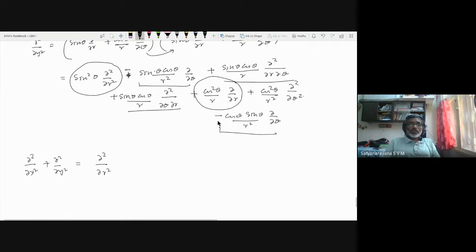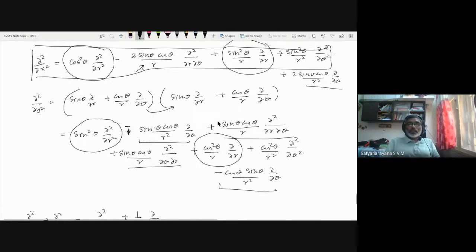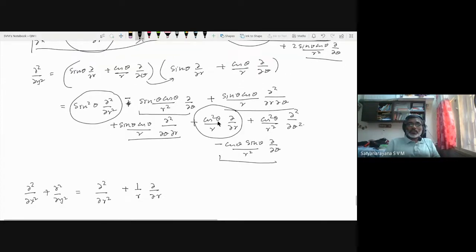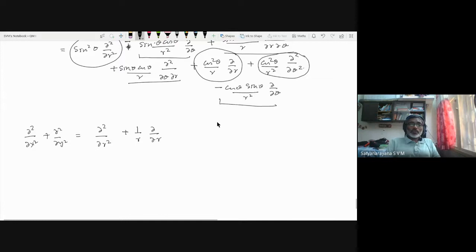So that will give you plus 1 by r into del by del r, and sin square theta by r square into del square by del theta square, and cos square theta by r square into del square by del theta square. That will give you plus 1 by r square into del square by del theta square.